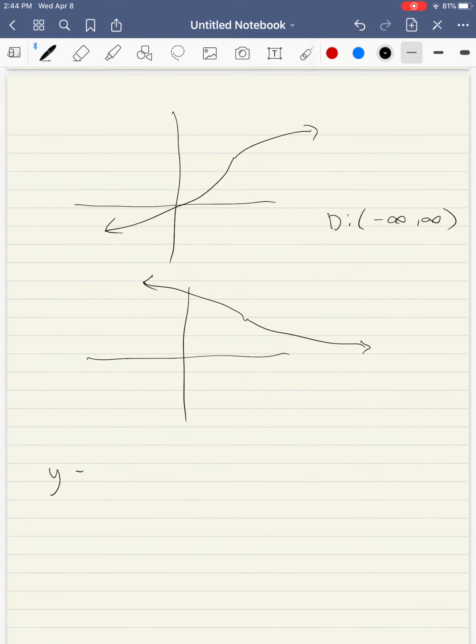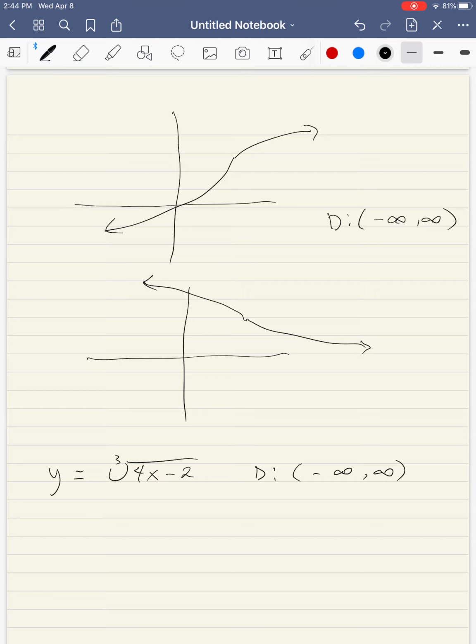So what that shows me is that regardless of what the cube root is, if it has stretches, reflections, shifts left or right, we don't have to do any algebra. The domain is going to be negative infinity to infinity.